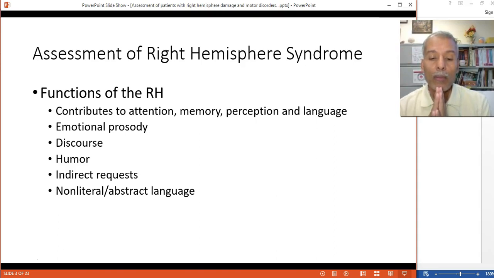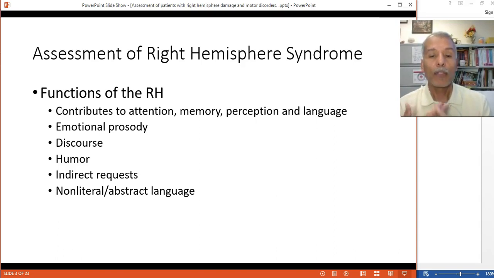However, the frontal lobe of the right hemisphere is thought to be more dominant in attention. So it contributes a little bit more to attention than the left hemisphere. So in any case, the frontal lobes of the brain are central to attention.